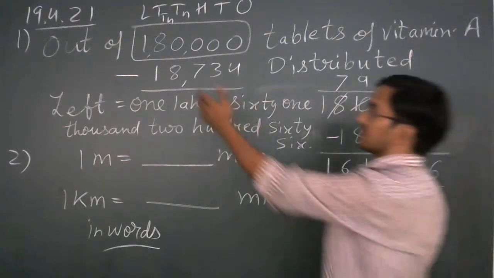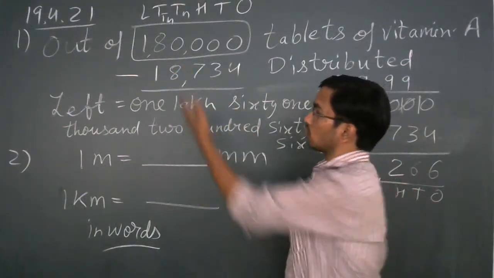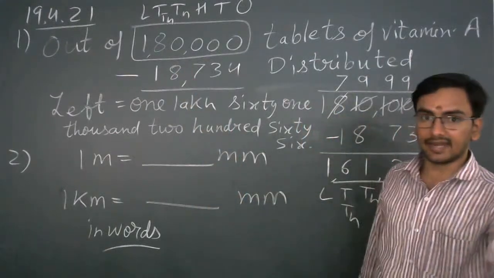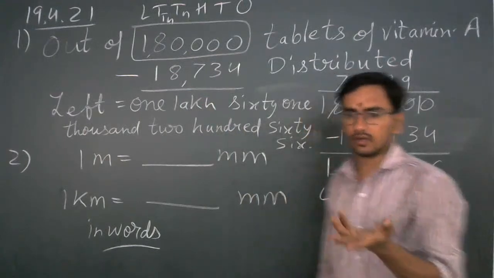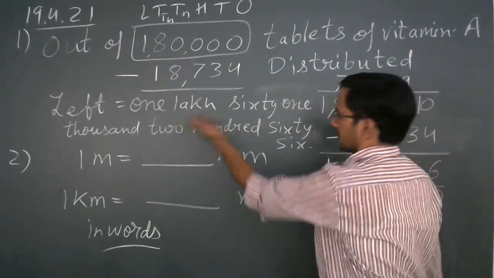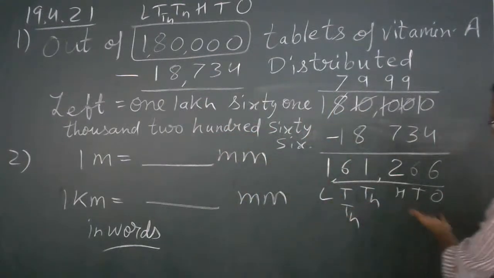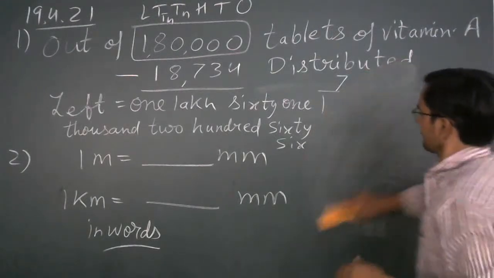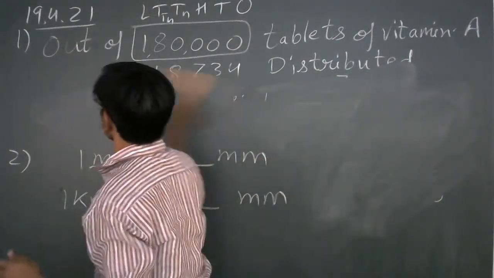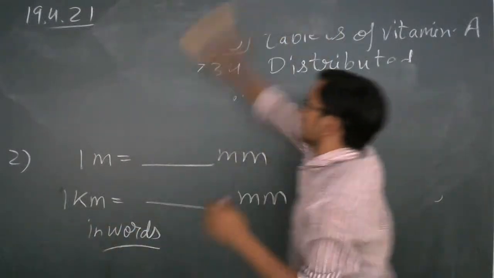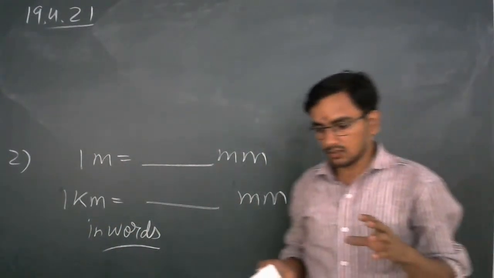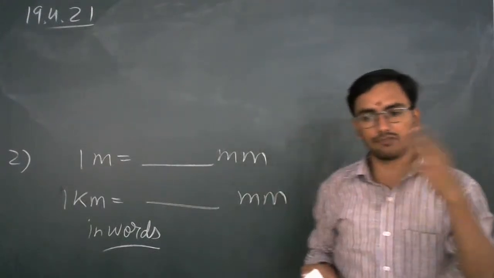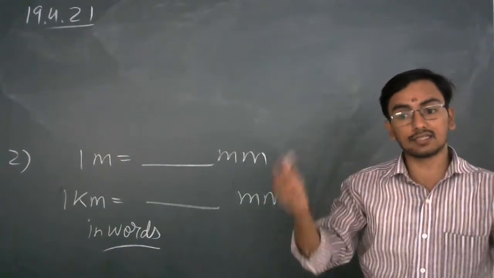So we know that it is nearly 2 lakh medicines. 1 lakh 80,000 and only 18,000 distributed. So this is the number of medicines which are left. I want such creative and useful information from you all, with large numbers.